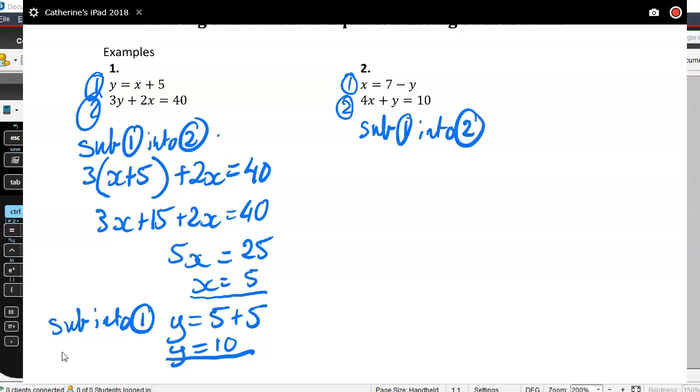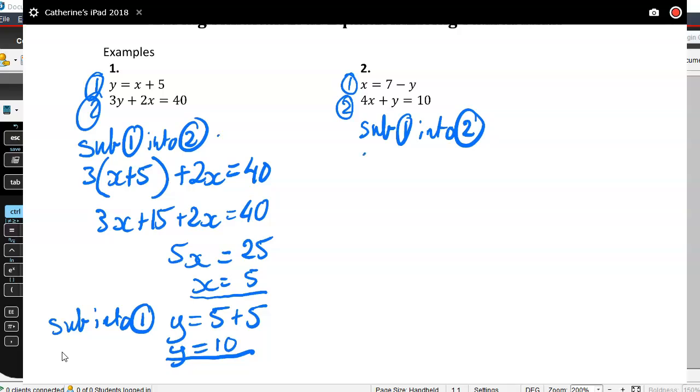Now obviously you can do it either way, it doesn't really matter, if your equation 2 is a bit easier to sub. The reason I'm subbing 1 into 2 is because it's easier that I've got an x equal to, so it's far easier to sub into the next equation.